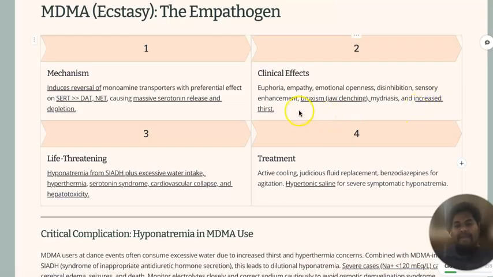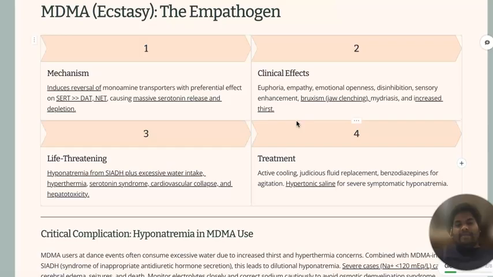So when the person is at a party, and if we see youths develop hyponatremia, then that's because of two causes. One is increased thirst, and because of that they take excessive water, and the next is MDMA also causes SIADH. So the combined effect of both of these causes hyponatremia.